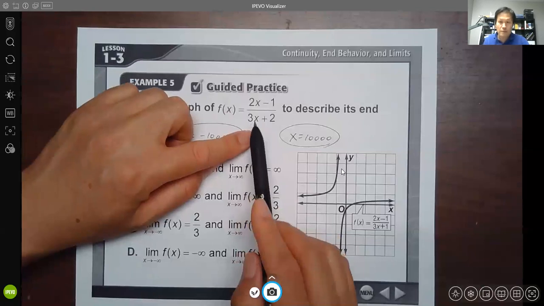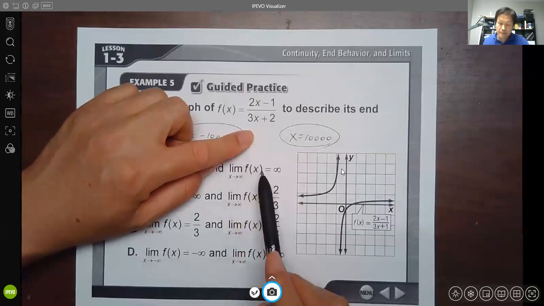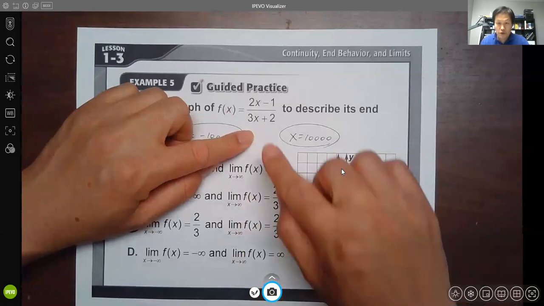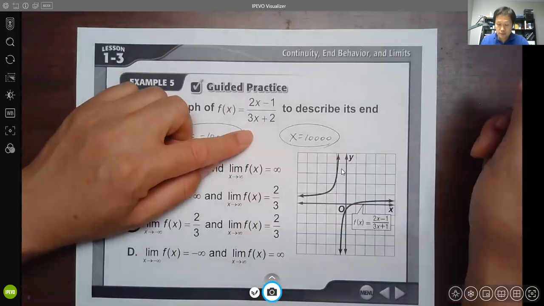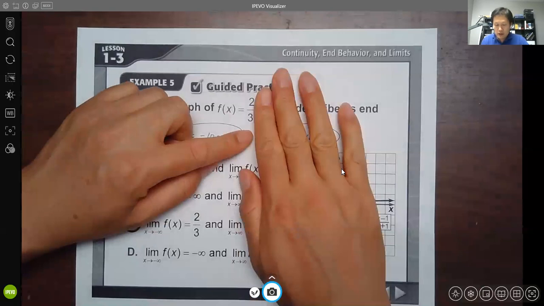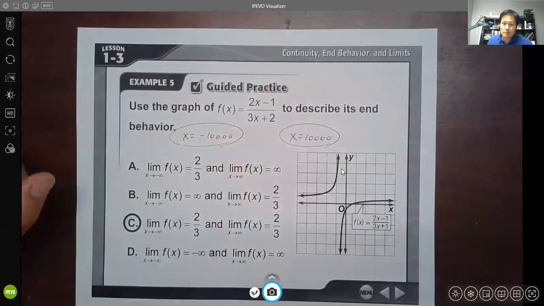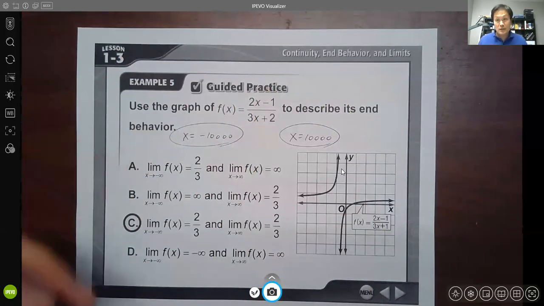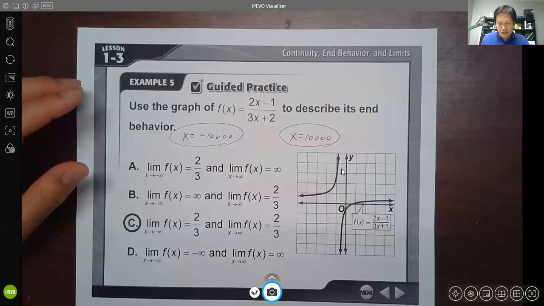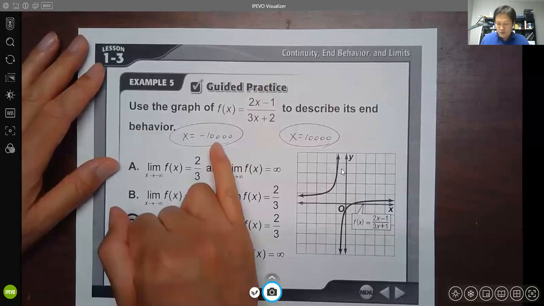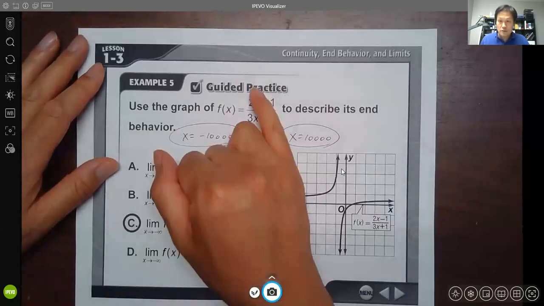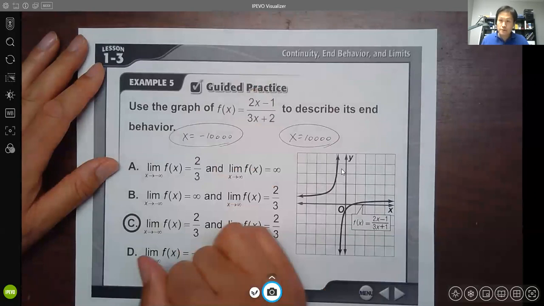First power, same power. Then it's the coefficient of x, so nothing else matters. Just 2/3 becomes the answer. Again, this is kind of a shortcut. If you didn't follow what I just did, forget it. Just plug in x equal to minus 10,000, and x equal to 10,000. Then you will get that value.